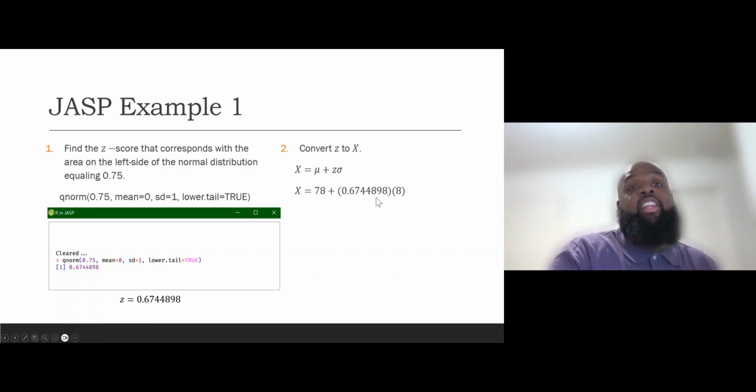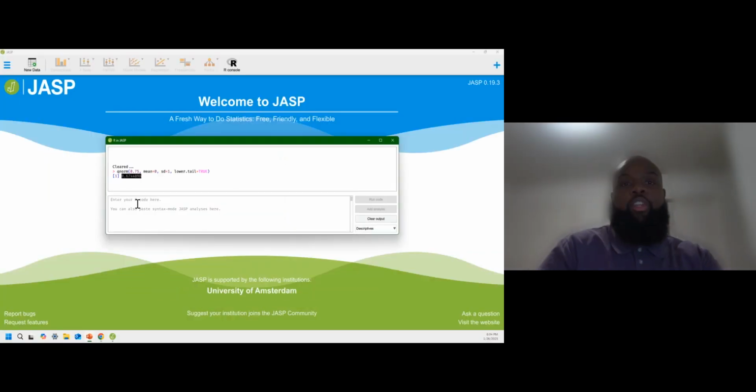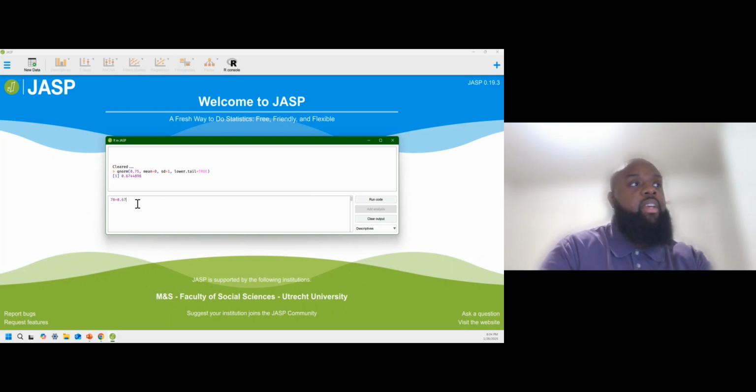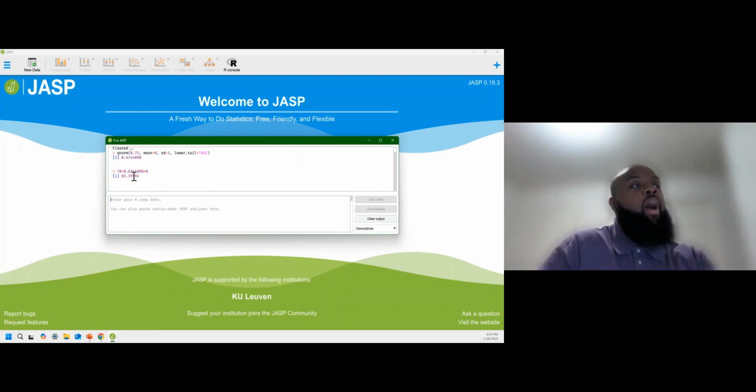I can use a calculator or I can go to JASP. Actually, let's go to JASP. You can use JASP just as a calculator. So I'm going to do 78 plus 0.6744898 times 8. I'm going to click run code, and I get approximately 83.4.